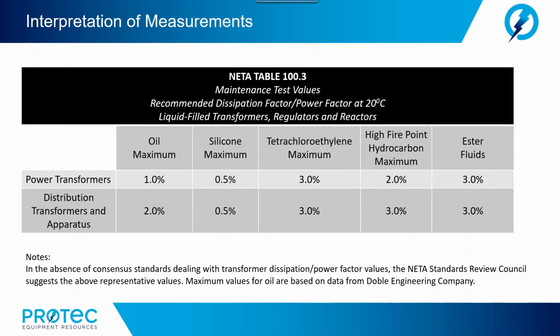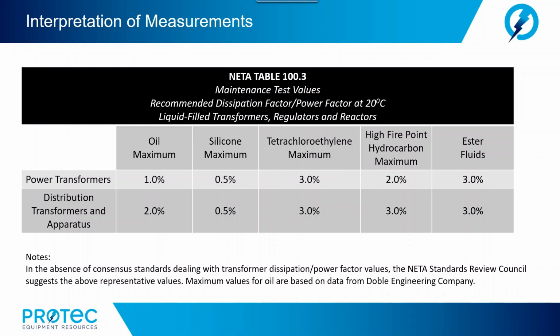All right, now let's jump into interpretation of measurements. Here we see the NETA table 100.3, maintenance test values, recommended dissipation factor or power factor at 20 degrees Celsius for liquid-filled transformers, regulators, and reactors.